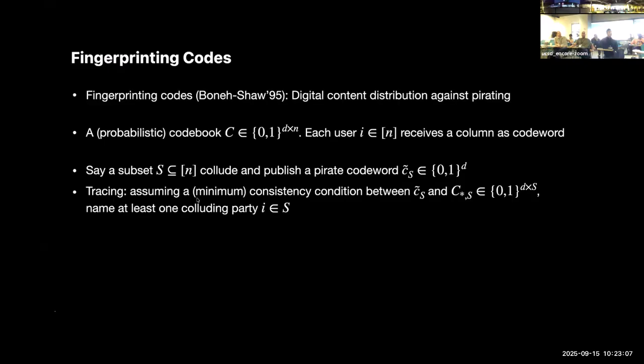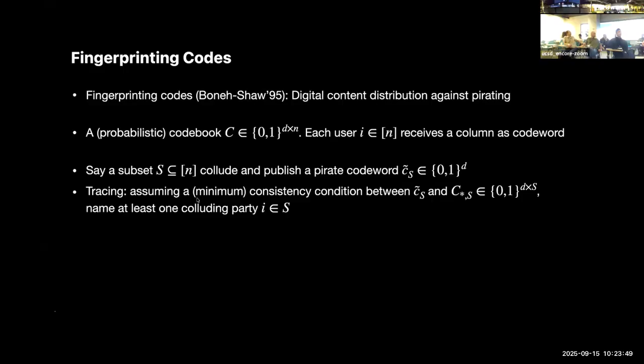So the only requirement of the C sub S is: for every i in P, if C sub i,j, let's say i,j equals the same bit b, then you would like it to be the case that C sub S,j is also the same b.